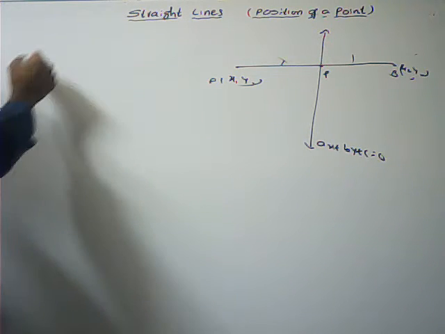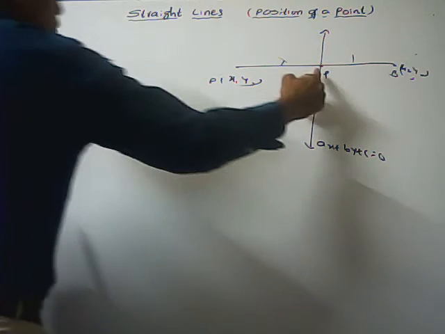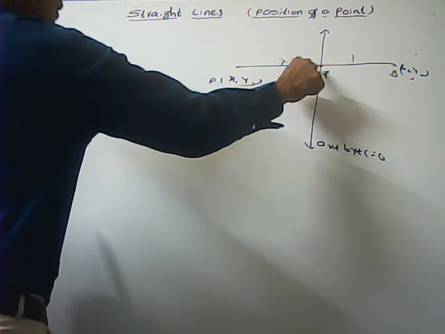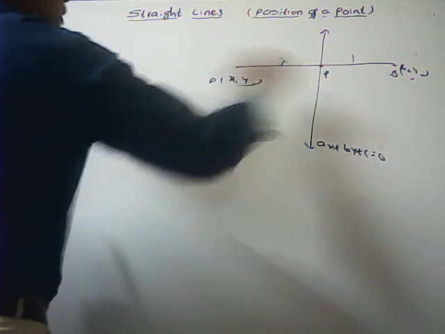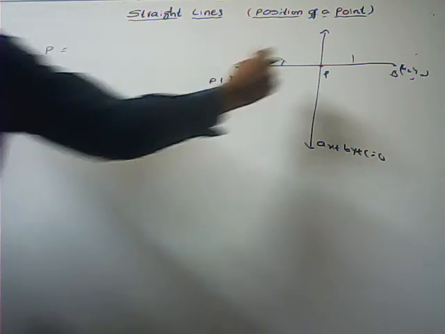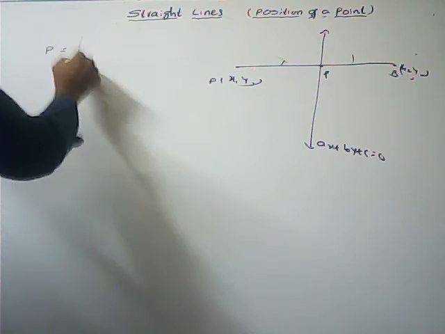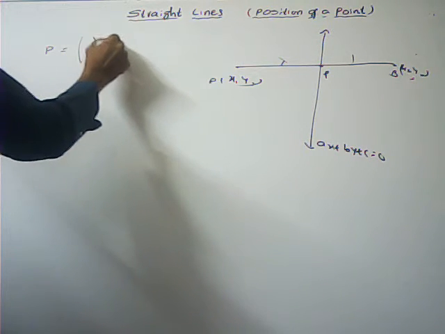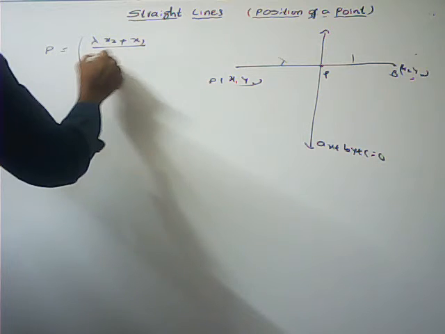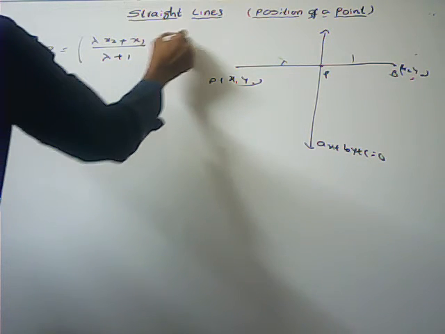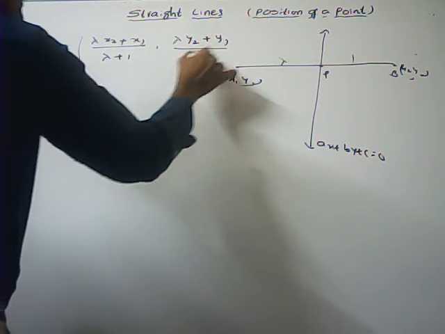Then the coordinates of P, using the section formula, are lambda x2 plus x1 by lambda plus 1, lambda y2 plus y1 by lambda plus 1.